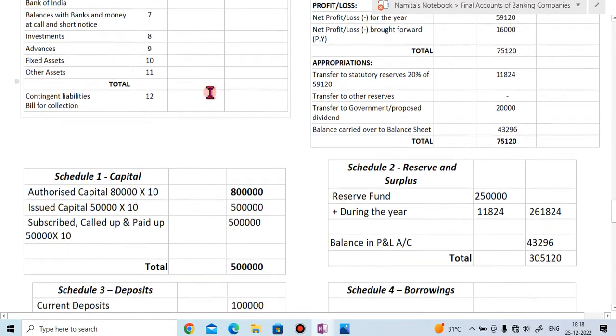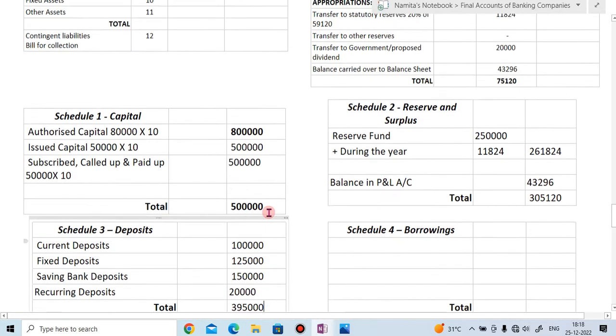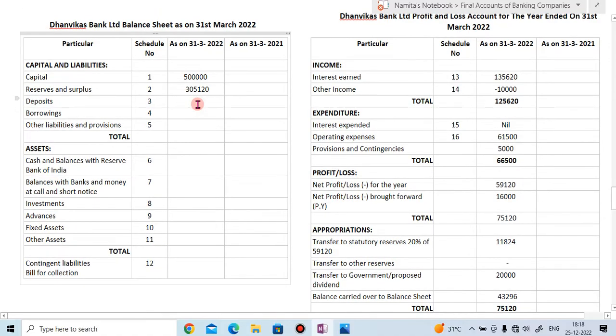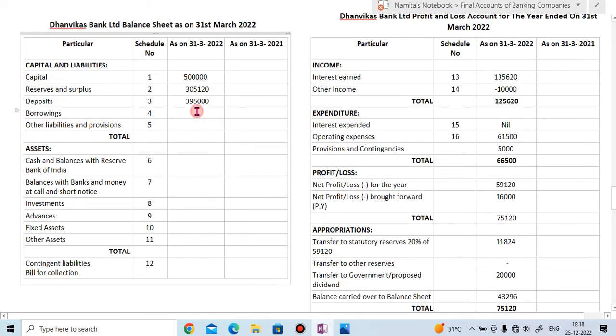Now close the deposits, add all the deposits. So total will be 3,95,000. So write in deposit 3,95,000. Borrowings, there are no borrowings, so it is nil. So write nil. There are no borrowings.